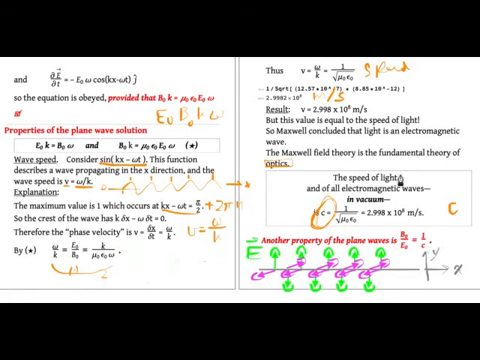In any electromagnetic wave, radio wave, microwave, infrared wave, visible light, ultraviolet waves, X-rays, gamma rays, they all have the same speed in vacuum, and they all have the same ratio of magnetic amplitude to electric amplitude, 1 over c.